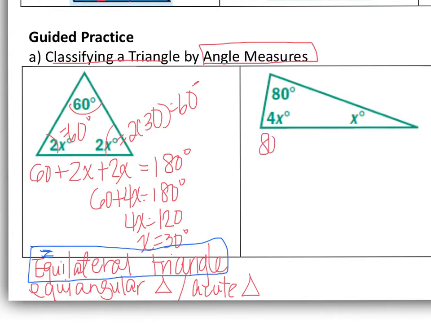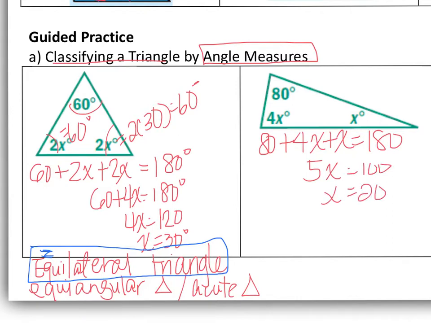And here we have 80 plus 4x plus x equals 180 degrees. 5x equals 100, x equals 20 degrees. 4 times 20 is 80 degrees. Okay, so we have two angles equal to each other, so the opposite sides are also equal. So we call this an isosceles triangle.